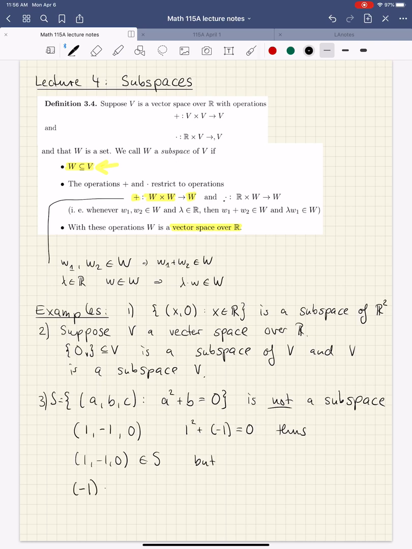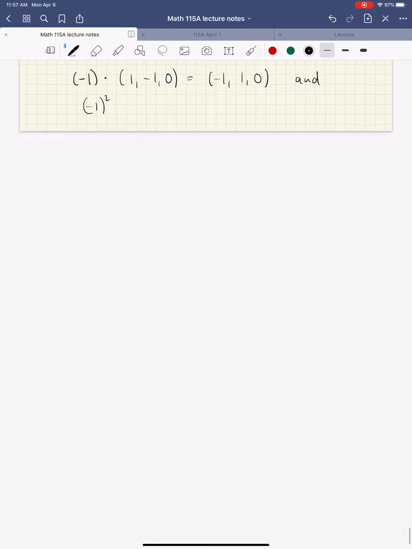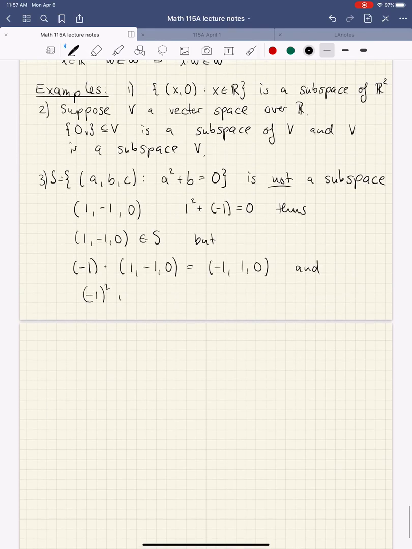Let's say we do minus 1 times (1, -1, 0). This is equal to (-1, 1, 0). And in this case, now we have that minus 1 squared plus 1 is equal to 2, which is different from 0. So this minus 1 times (1, -1, 0) is not an element of S.